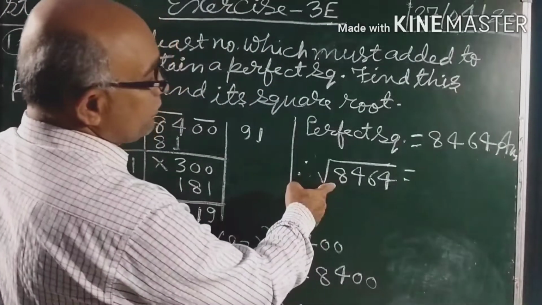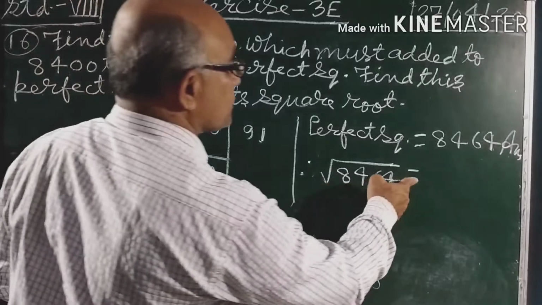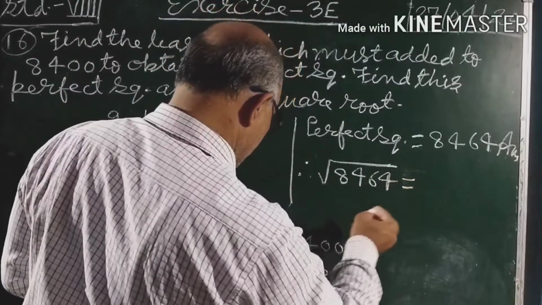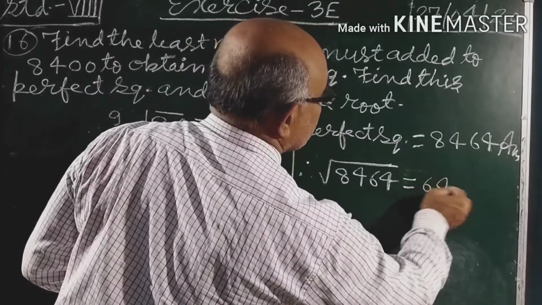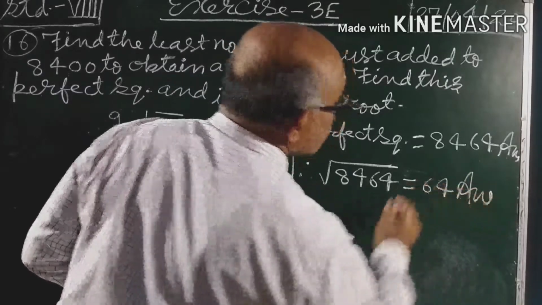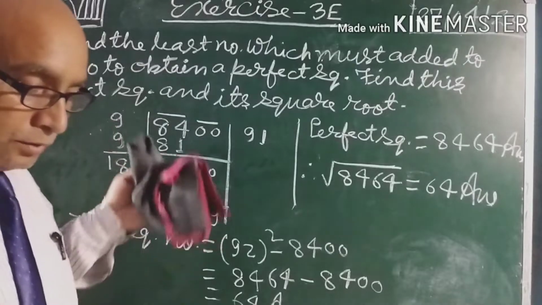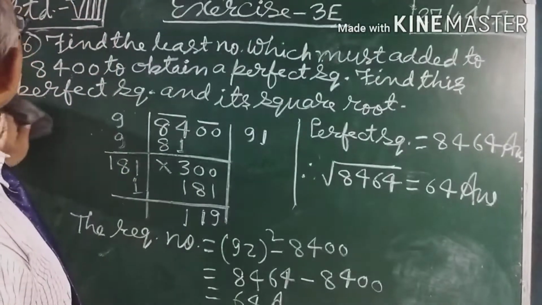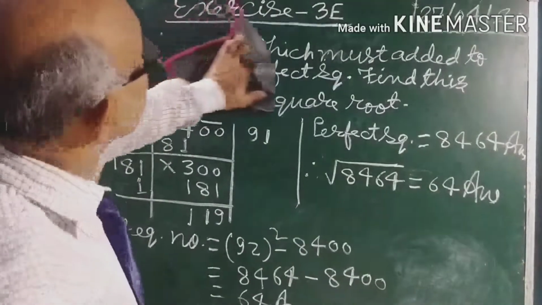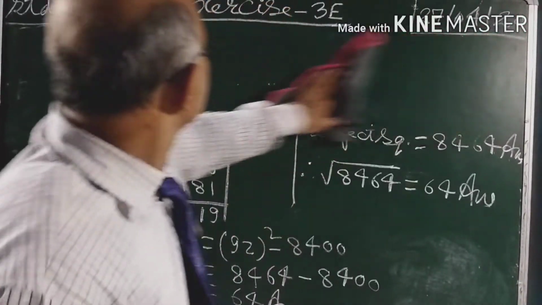So the square root of 8464 is equal to 92. Answer of this question. Right? And now solve one more question. Last question.